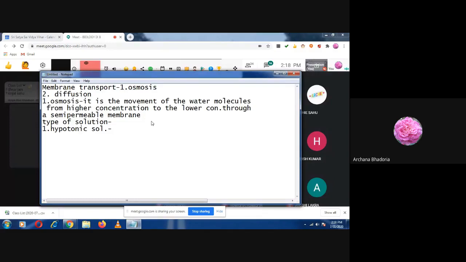The cytoplasm inside the cell has different substances dissolved, so it will have some concentration. And if the solution outside the cell, the water present outside, has a concentration lower than the cytoplasm inside, then you will call that solution a hypotonic solution. You can write down: hypotonic solution is that which has the concentration lower than the cytoplasm. Did you understand what is hypotonic solution?